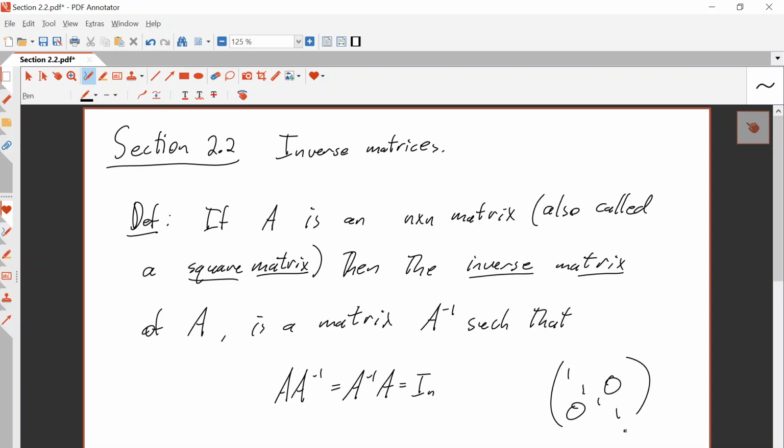So this A inverse is kind of like 1 over A. A times 1 over A should be equal to 1 in some sense, which is I in this case. So that's the inverse matrix, if such a matrix exists. It doesn't have to. All right.